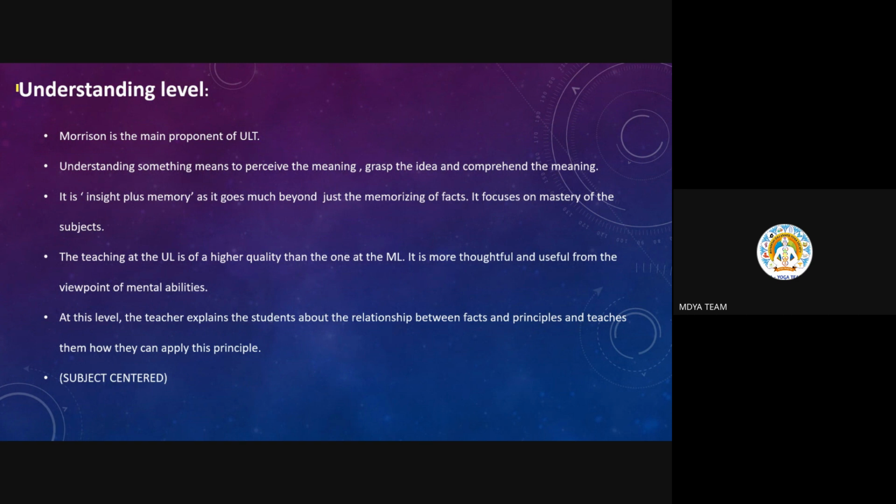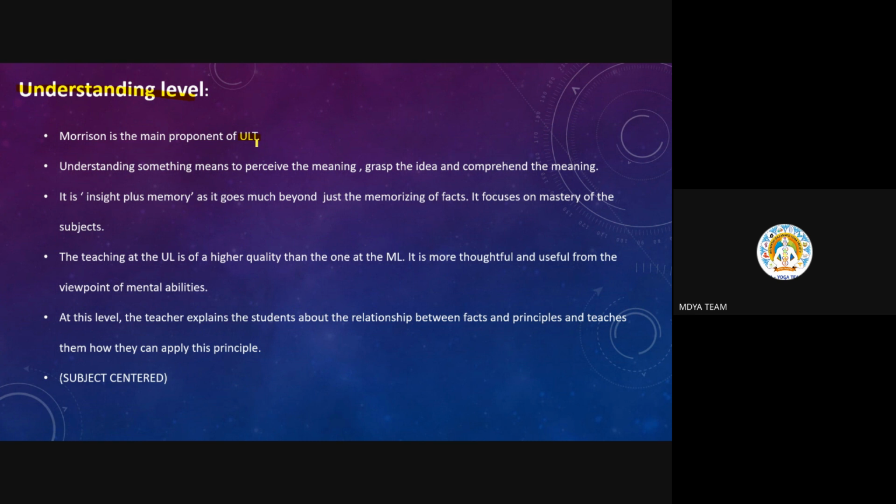Understanding level. Morrison is the main proponent of ULT, understanding level of teaching. Why have I written ULT there? Because in one of the previous year questions I remember, they asked the question in the form of the abbreviation itself.